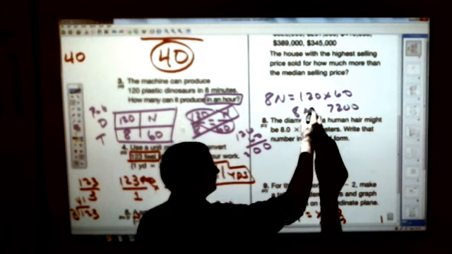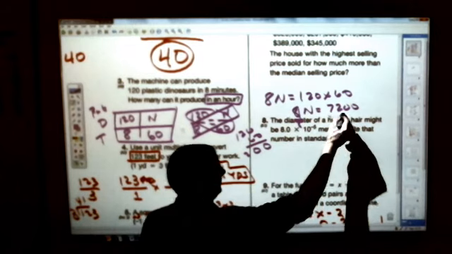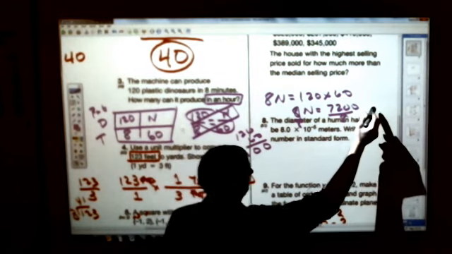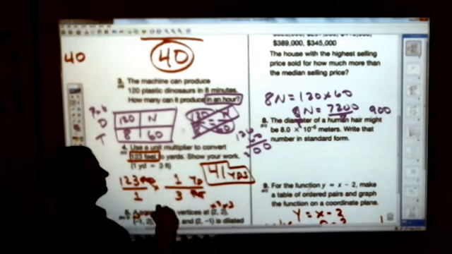So 8 times what number is 7,200? You just need to divide by 8, and 8 goes into 7,200 900 times.